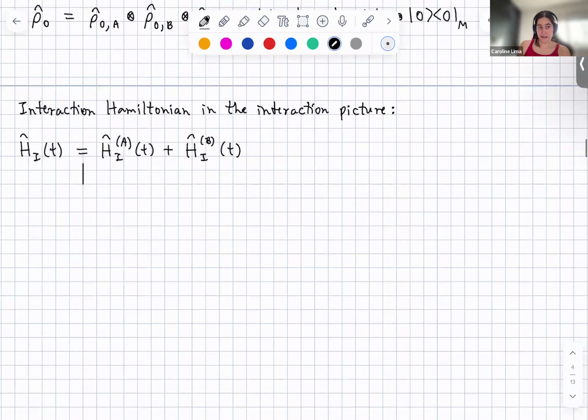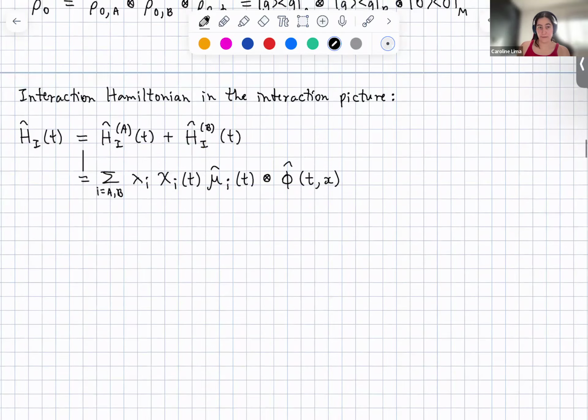So for the point-like case that I gave you the form of this Hamiltonian, I'm going to just sum for A and B, and then we had some coupling constant, right? Then the switching function, and then the monopole moment for each of them, and then tensor product of the field at the position t, x, okay?